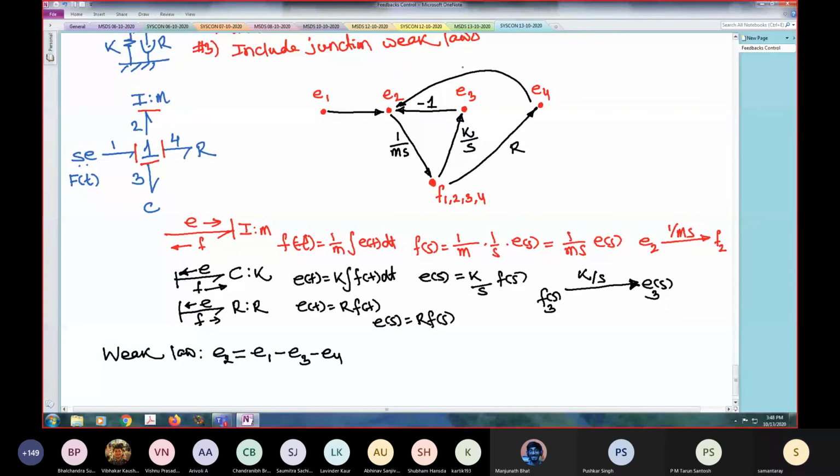Minus 1. And then at the end, I have an output and I have one input. What is input? This E1. This is my U(s). What is output? Flow. This is my Y(s). Input and output.